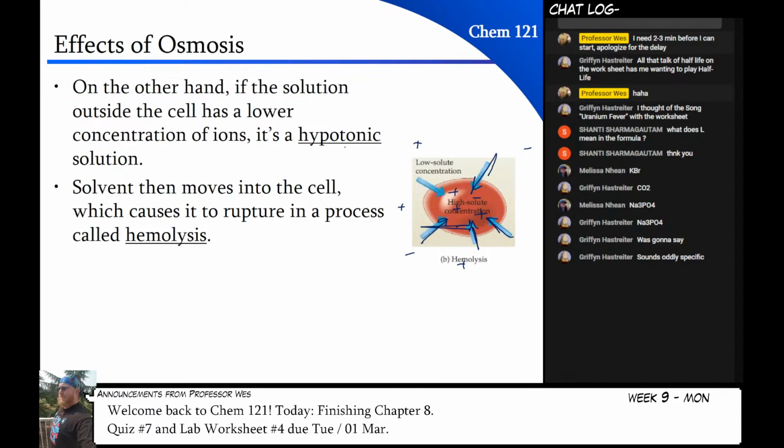So this solution on the outside would be hypotonic. Hypo meaning too little. You've probably heard the term hypo with regards to, like, say, diabetes. So somebody who's hypoglycemic, their blood sugar is too low.